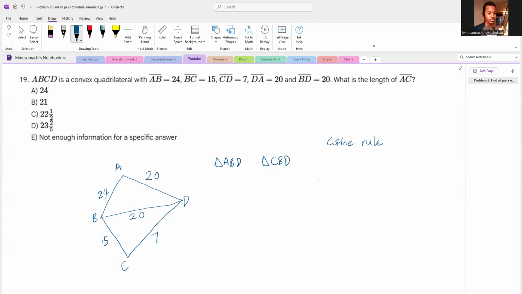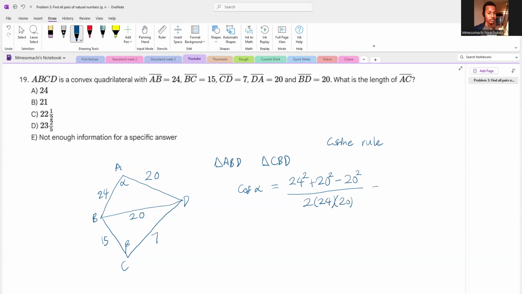But first of all, let's label some of these angles. Let's say this is alpha, and let's say this is beta. By cosine rule, cosine alpha is going to be equal to 24 squared plus 20 squared minus 20 squared all over 2 times 24 times 20.